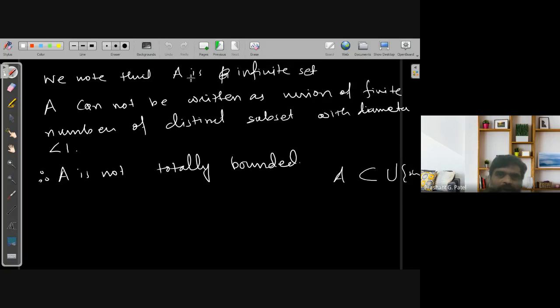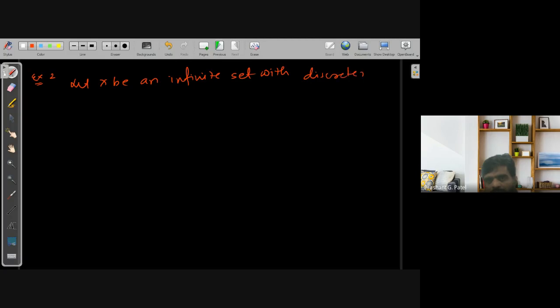There is another example which we can have with the discrete metric space. This is another example, example 2. Let X be an infinite set with a discrete metric. Discrete metric means d(x,y) is 1 if x is not equal to y, and 0 if x is equal to y.